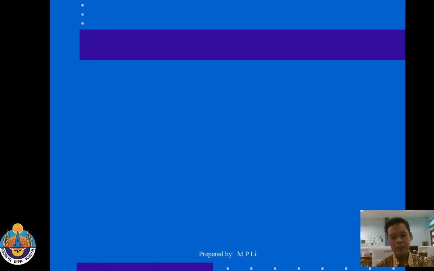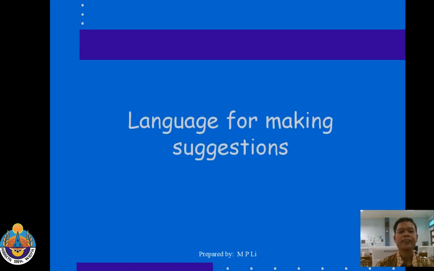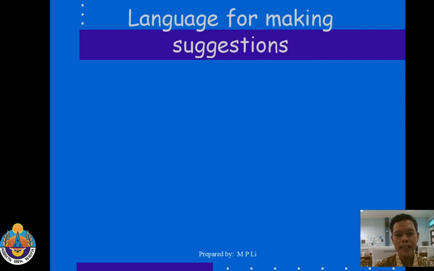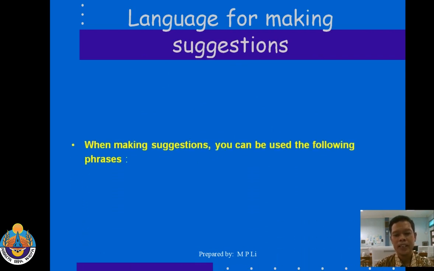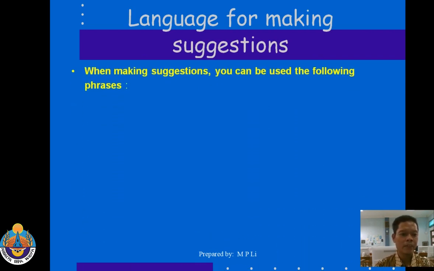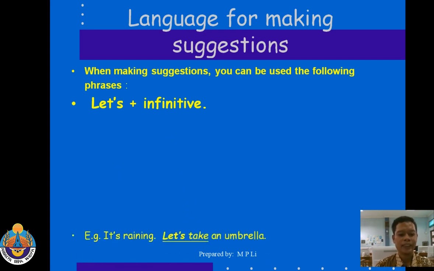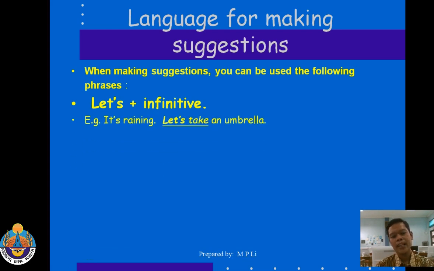Okay, now let's study how to make suggestions. For making suggestions, you can use the following phrases. First, you may use let's and then followed by infinitive. For example, it's raining.